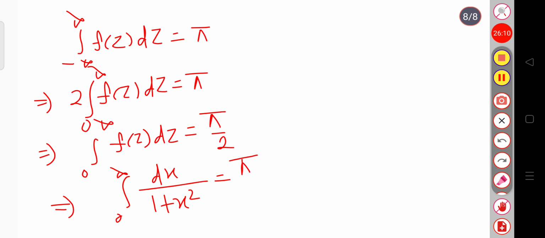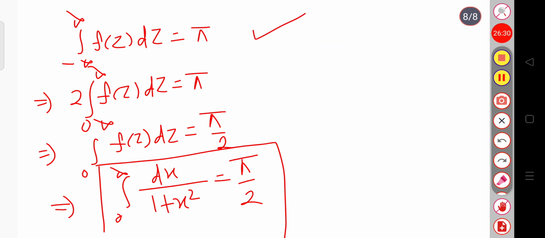Whether you take z or you take x, just try to imagine it is your complex number. So this is our final expression. dx divided by 1 plus x square over the limit 0 to infinity will be pi by 2. If the limit is from minus infinity to plus infinity, the value will be pi.